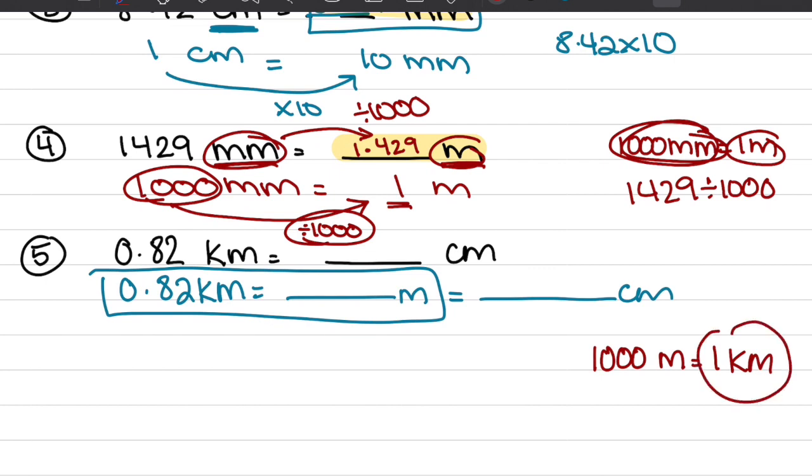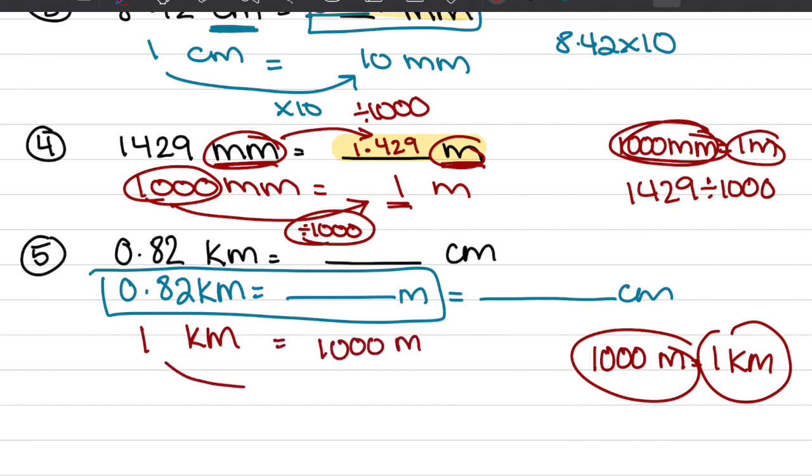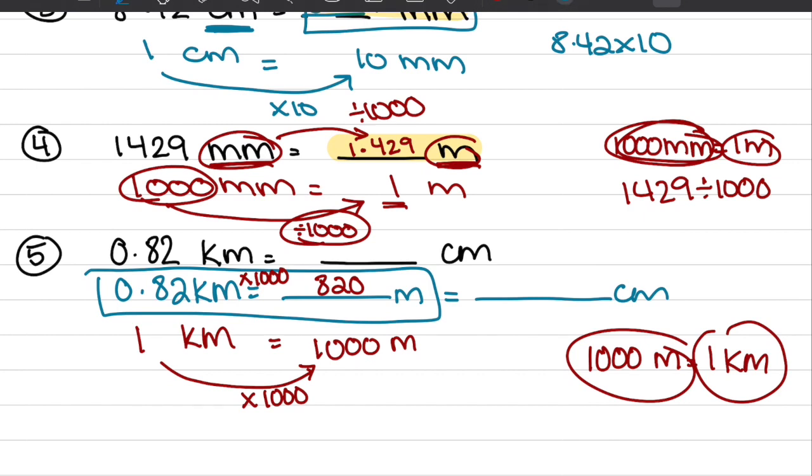The kilometers will go underneath the kilometers. The meters will go underneath the meters. How do I get from 1 to 1,000? I multiply by 1,000. So here I'm going to multiply by 1,000. And the answer to that will be 820 meters.